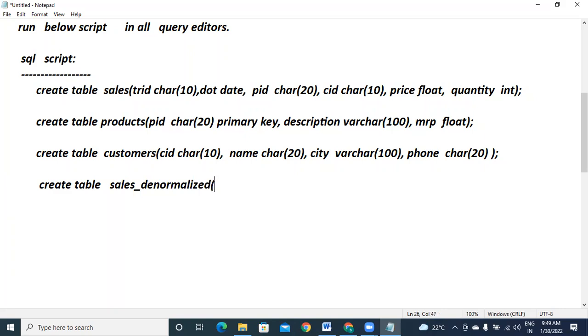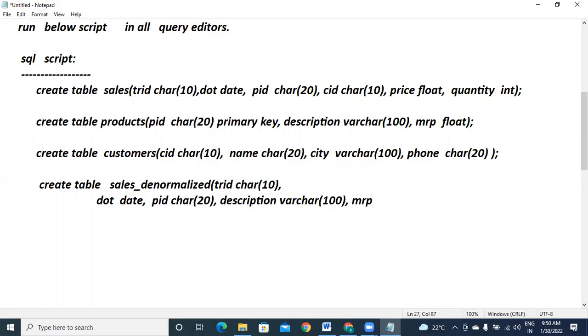So in this table, what columns I need is transaction ID, date of transaction, product ID. After product ID, what I need is product description. And MRP. And price of transaction.